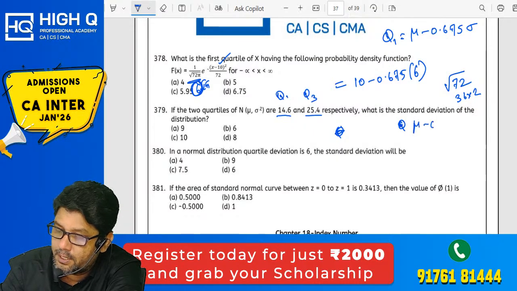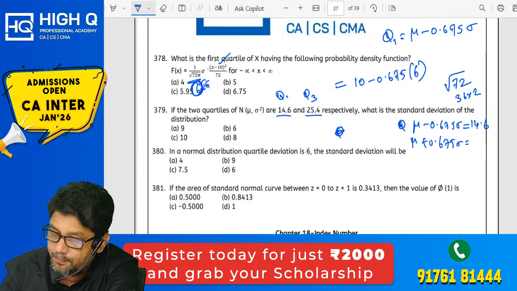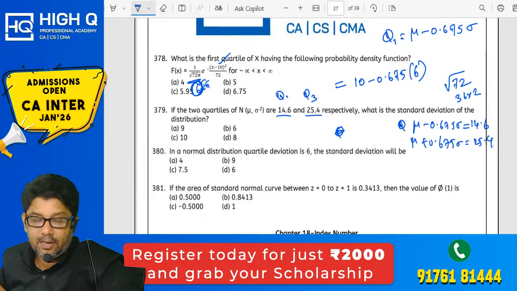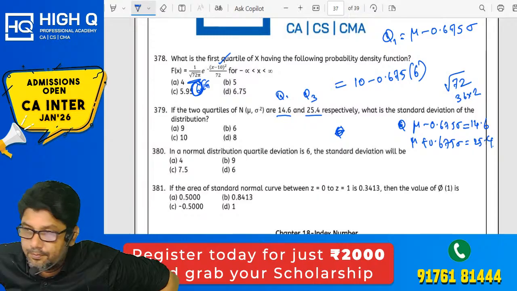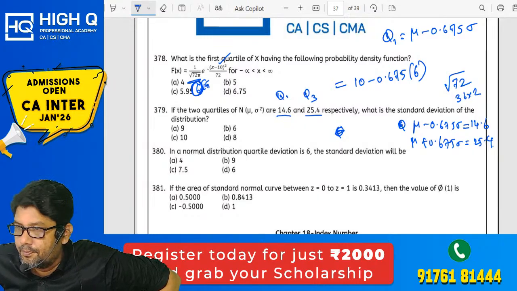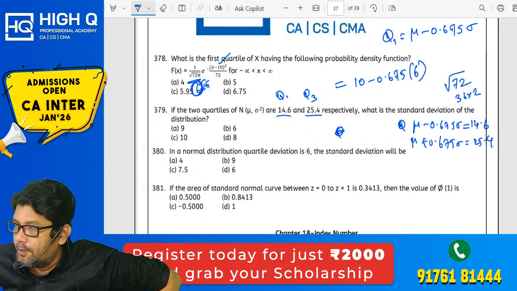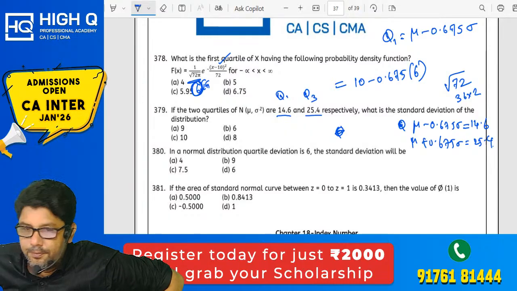Q1: mu minus 0.675 sigma is equal to 14.6. Mu plus 0.675 sigma is equal to 25.4. Now can you please solve it simultaneously, get the value of standard deviation? What is it? Please find.